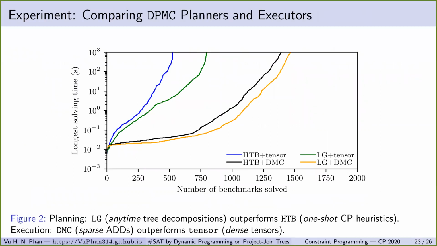This is a cactus plot. For each of these 4 lines, an XY point on the line means that the corresponding solver can solve X benchmarks if the timeout is Y seconds per benchmark.